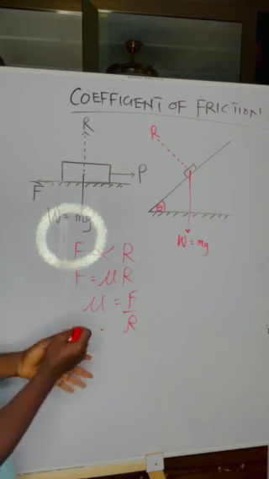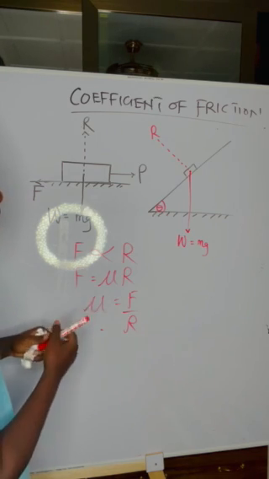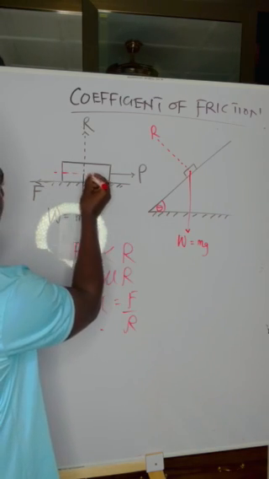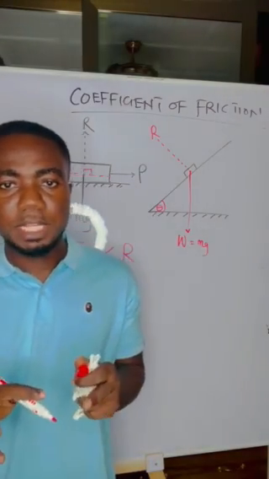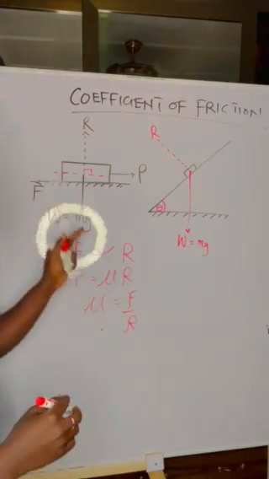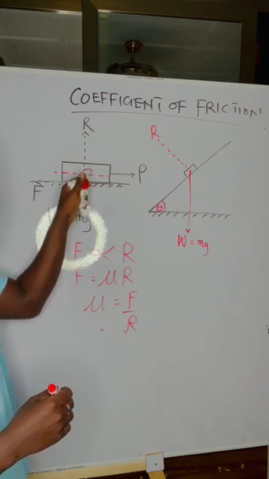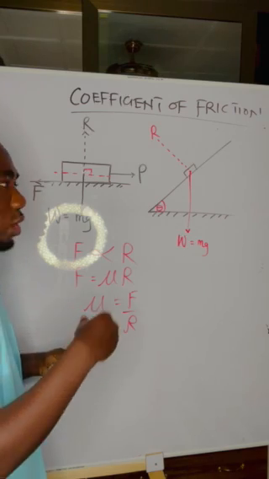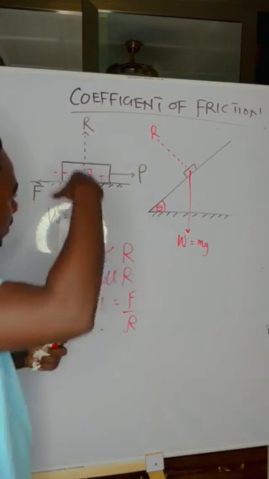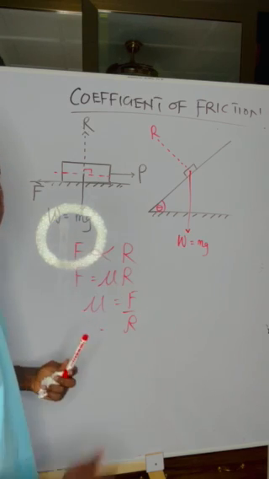We have a force that acts vertically upwards and is always perpendicular to the plane, called the normal reaction R. And then the weight of the body, that acts at the center, called the center of gravity, will act vertically downwards, W equal to mg.